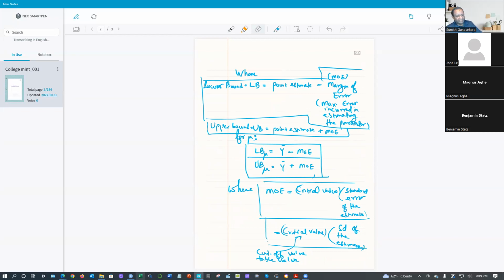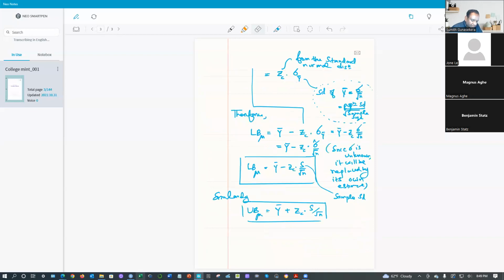It's nothing but the standard deviation of the estimate, which is called the standard error of the estimate.